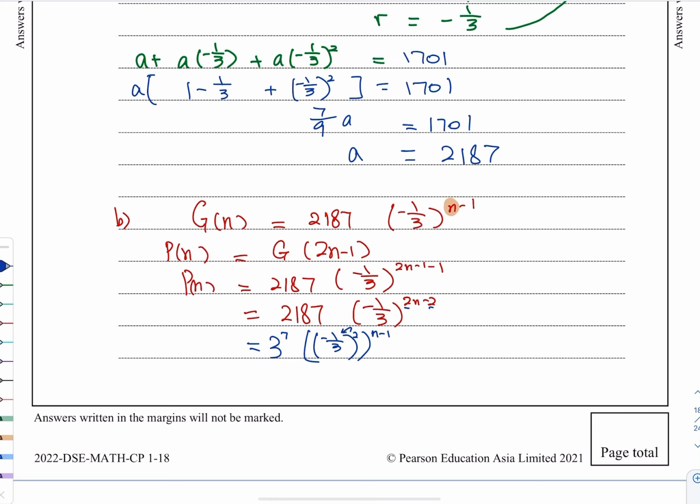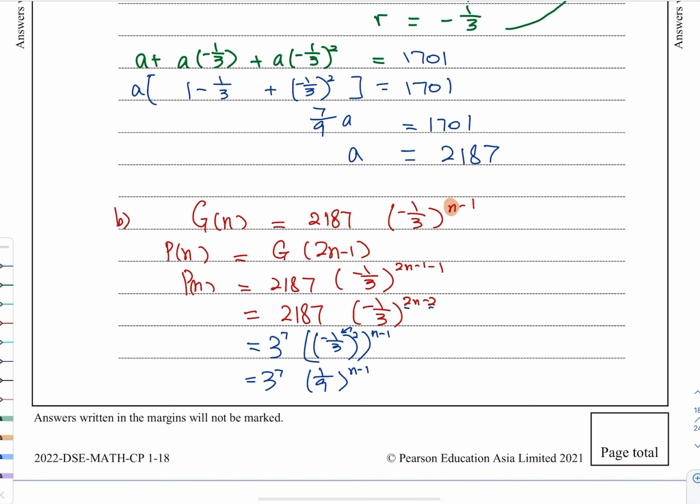And this 2 comes here, you will have 3 to the 7, 1 over 9, and then n minus 1. Until here, okay, right? 2 is common, and then it's a bracket. So bracket, you can separate it. This 2 comes in first because it's just numbers. The negative sign will disappear if the power is an even number.